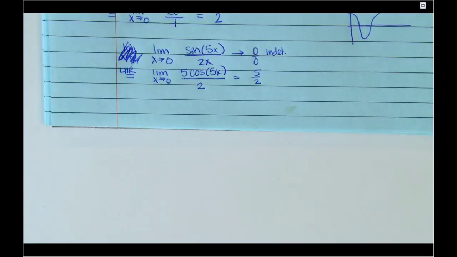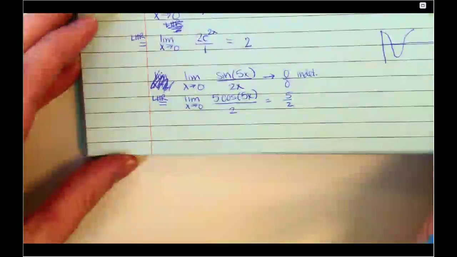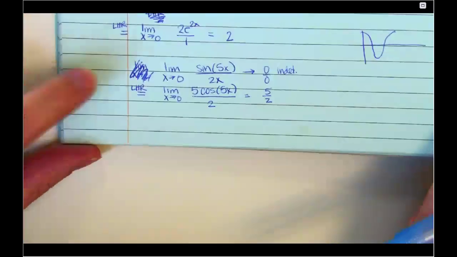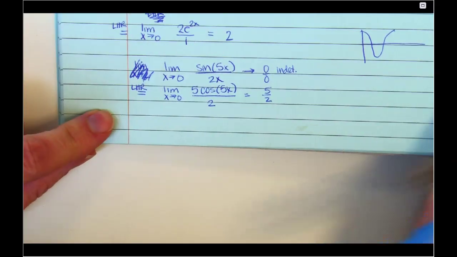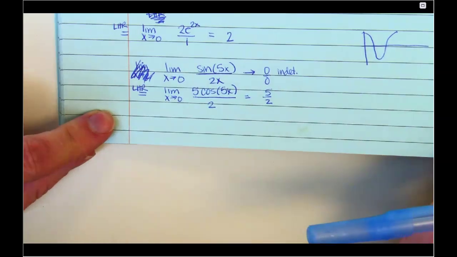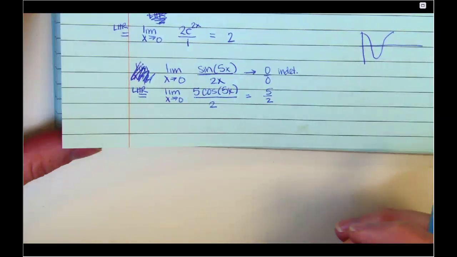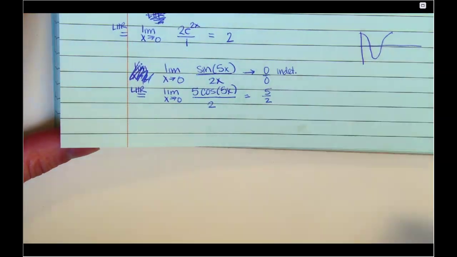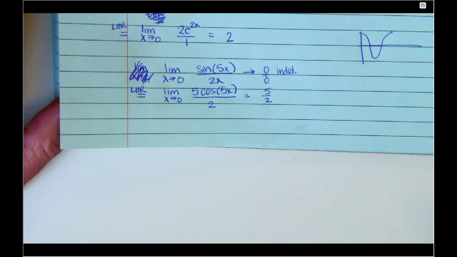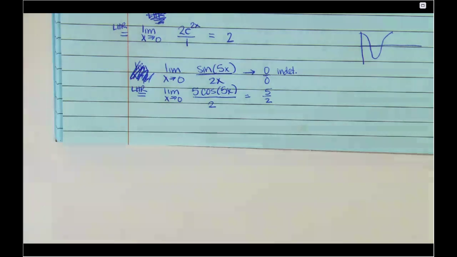We did not have a way to do this before because this doesn't hit any of the rules that I already taught you. Now, why are we learning this now? Because the whole chapter is on applications of derivatives.